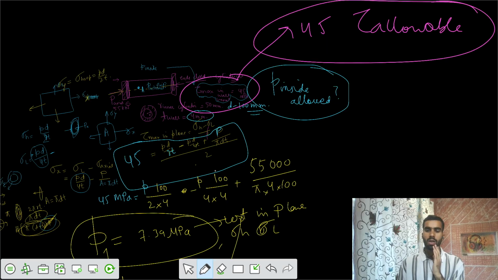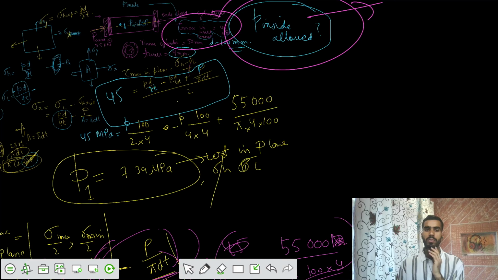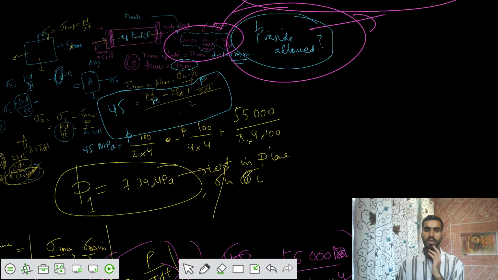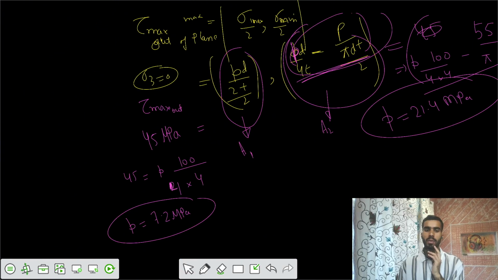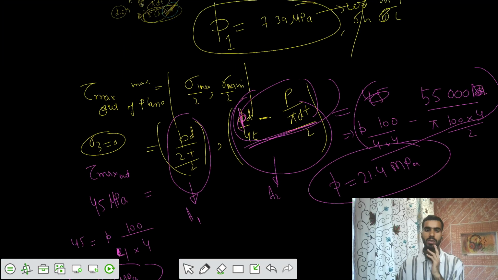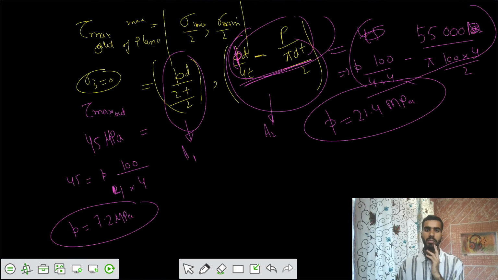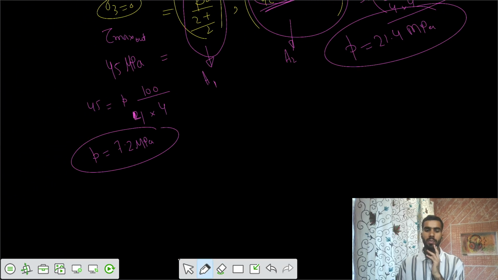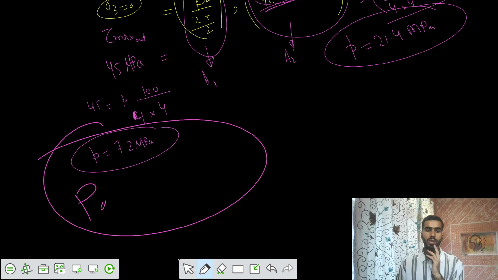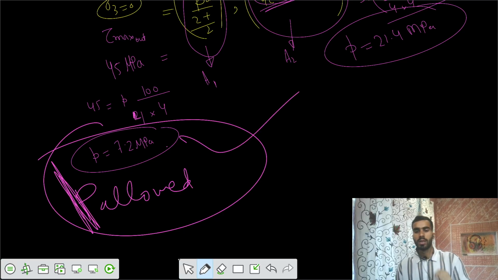If you want the allowable inside fluid pressure for this material, I can take the minimum value out of these three, that is 7.2. So finally, pressure allowed would be equal to 7.2 megapascal for this material.